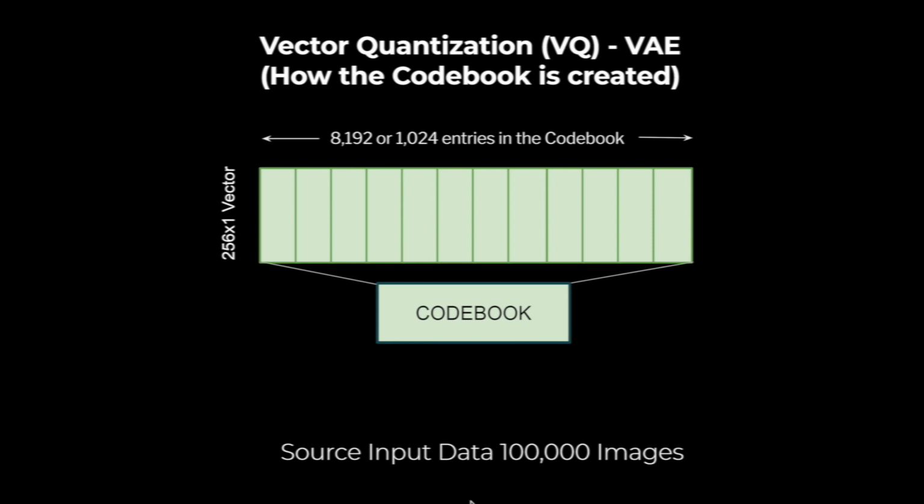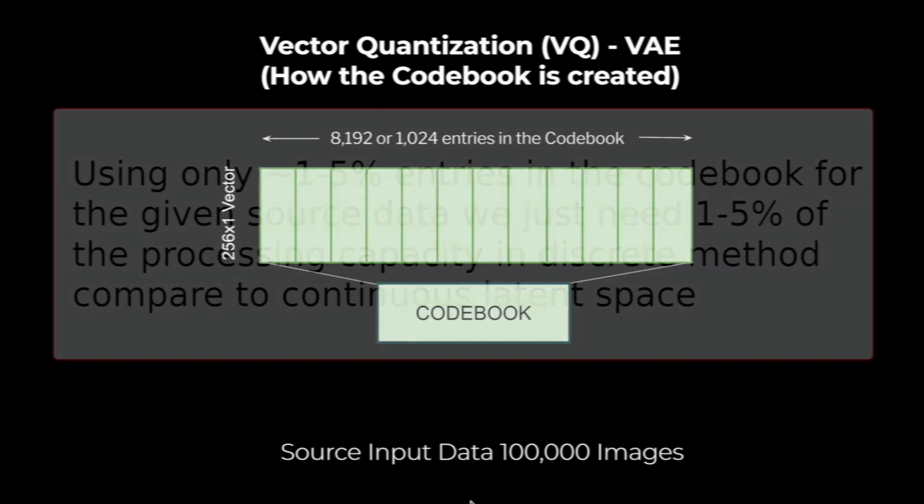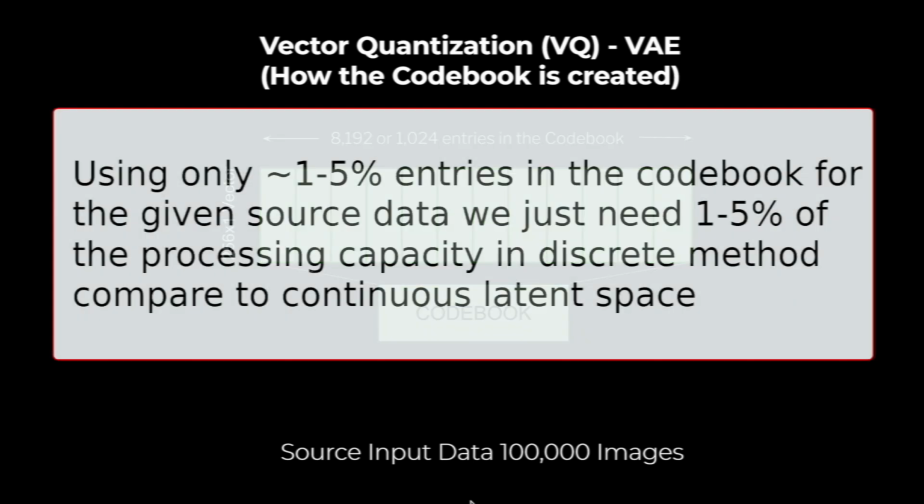This way, we do not need to process all 100% of the images. Selecting 1000 entries in the codebook against 100,000 source images means we are using 1% of the original processing power to process 100% of the source data. So using the discrete method by applying a codebook, we are able to process a massive amount of data with a smaller codebook.